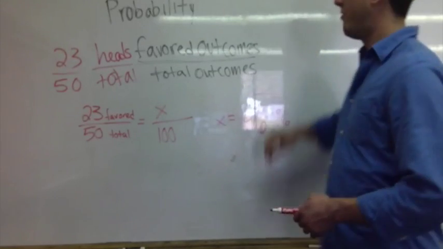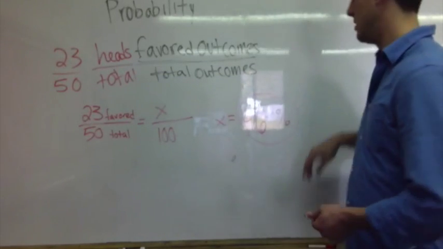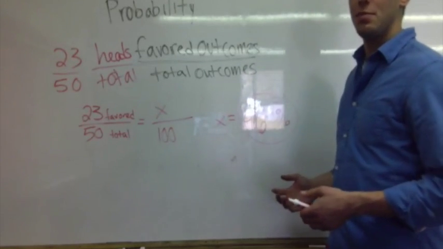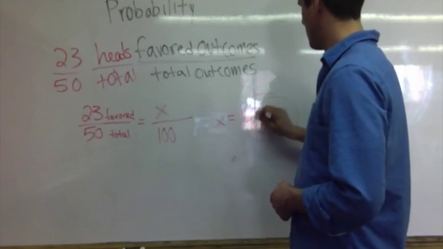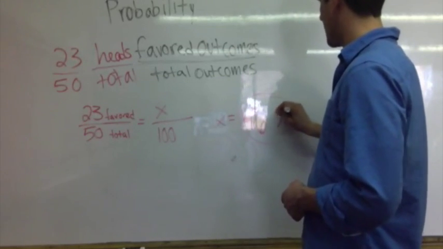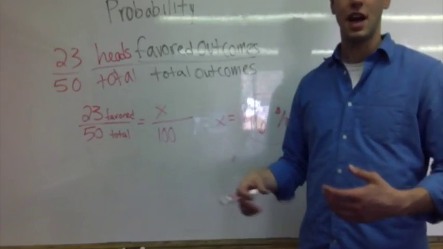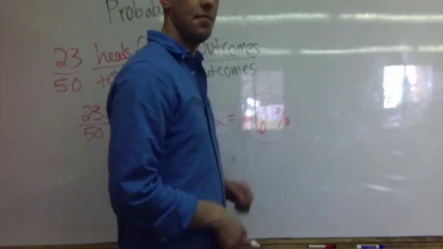So the number of favored outcomes, the percentage of the time that we get heads, is 46%. If you want to think about it in a bit of a different way, 46% is like saying if you flipped the coin 100 times, it'd be heads 46% of the time.